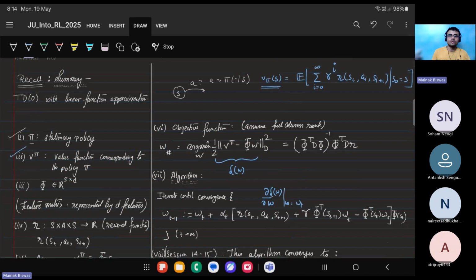Then we did the tabular methods and so on, and we went to linear function approximation, where we had a matrix of features. For every state S, we had a phi of S in how many dimensional space? R^D dimensional space, right?